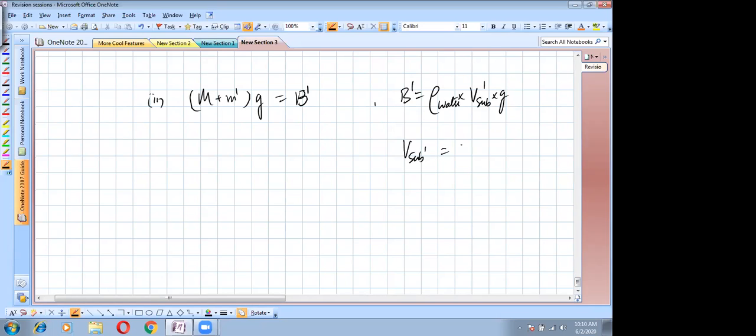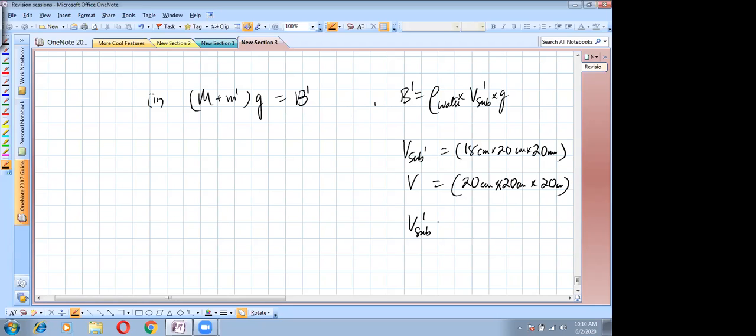So it is 18 centimeter into 20 centimeter into 20 centimeters. Whereas the total volume of wood is 20 centimeters into 20 centimeters into 20 centimeters. So you can see that the new value of volume submerged is 0.9 times the total volume.